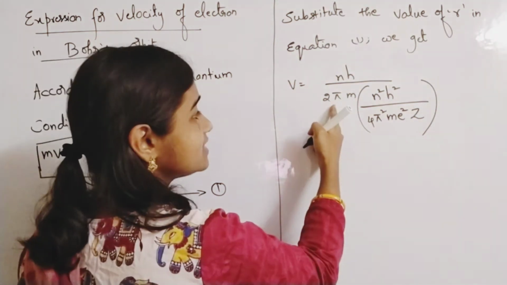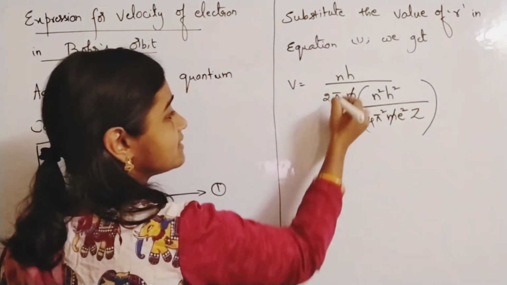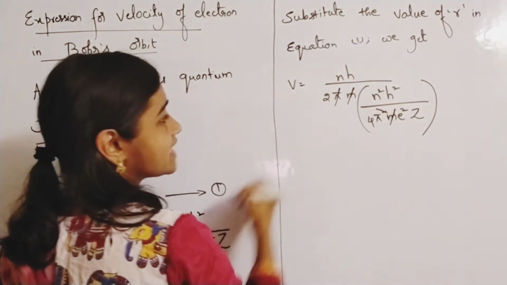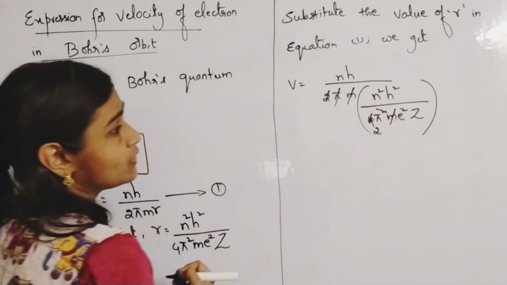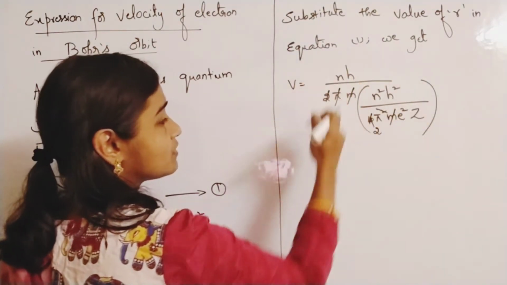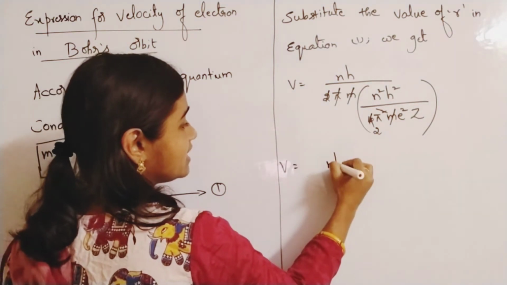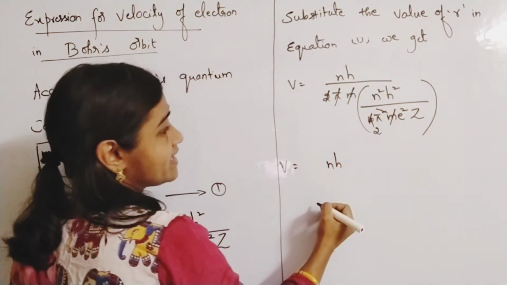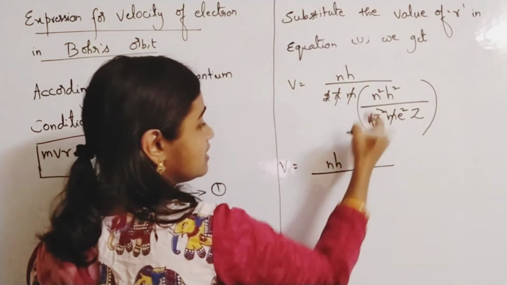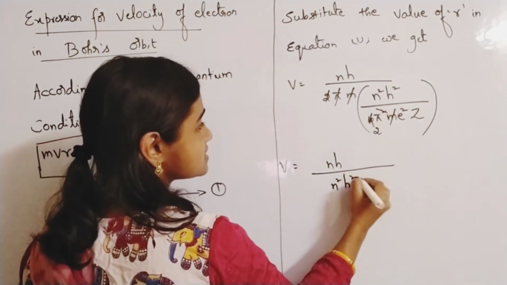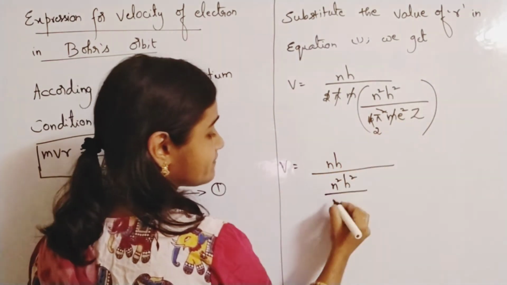Now let us simplify. Here m and m get cancelled. Here pi and pi square get cancelled, 2 ones are 2, 2 twos are. Let us reciprocate this equation. So v is equal to nh by, what is left over, n square h square by 2 pi e square z.